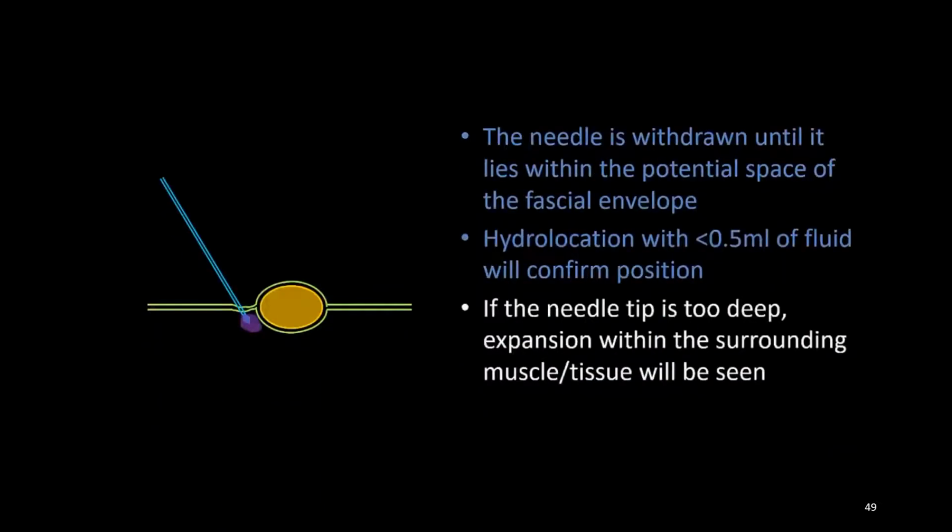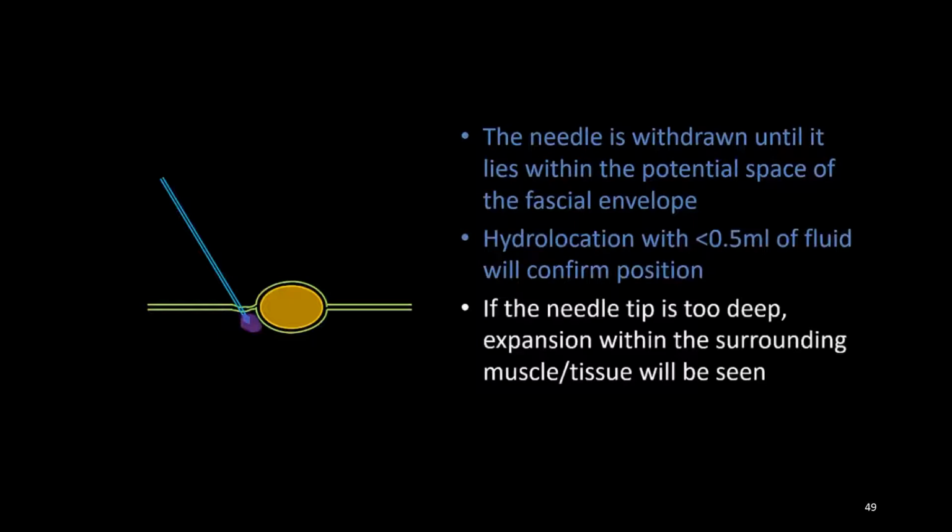As newcomers, we won't be able to place it perfectly in the same location between the fascial planes. So what we can do is start wherever the needle is, giving small boluses of about 0.5 ml of fluid so as to confirm the needle position.